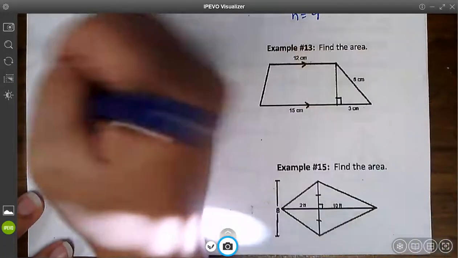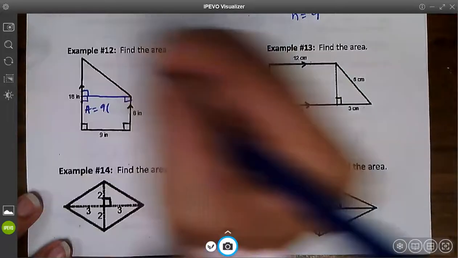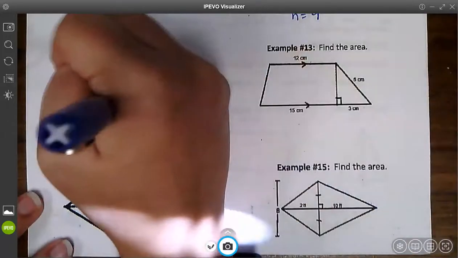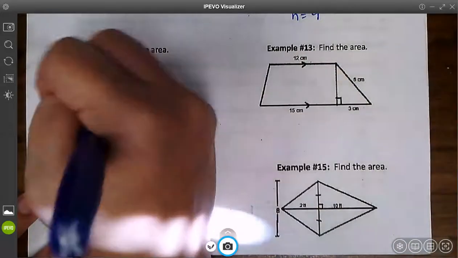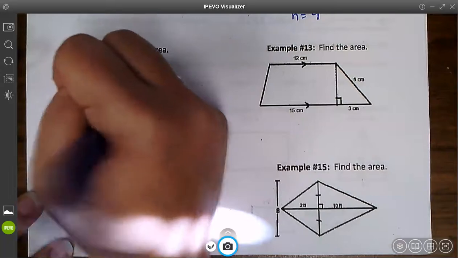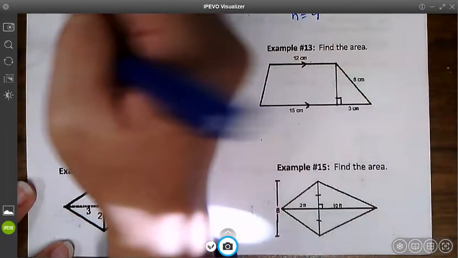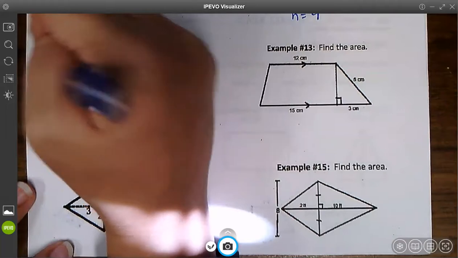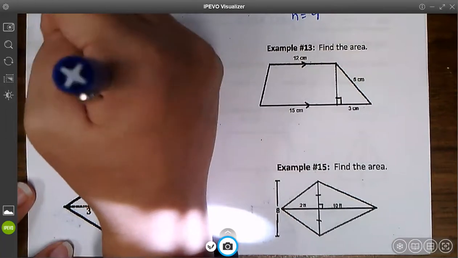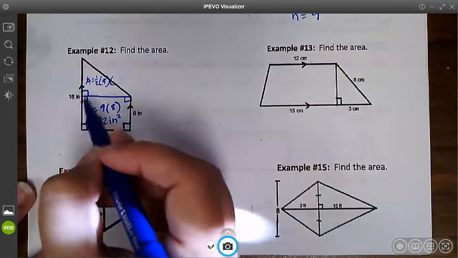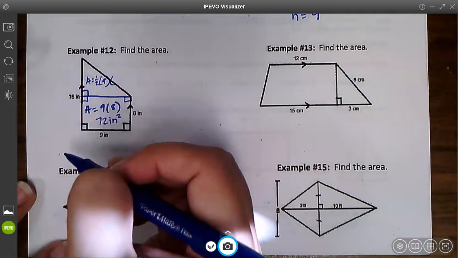So this rectangle, the area here is going to be 9 times 8, which is 72. The area of this triangle is going to be half to my base times height. My base is 9. My height, though, is not this whole 18.